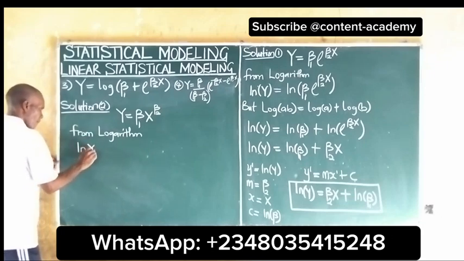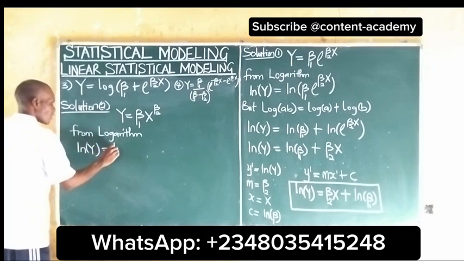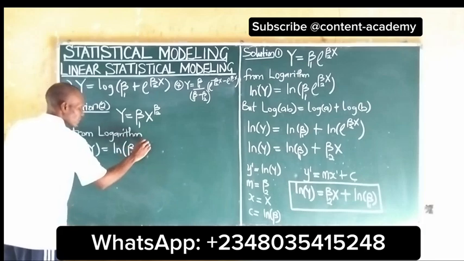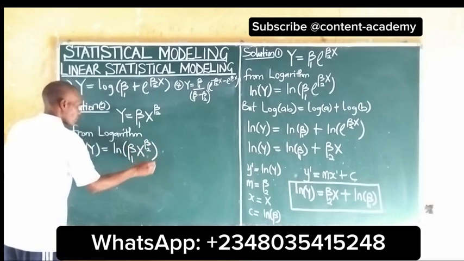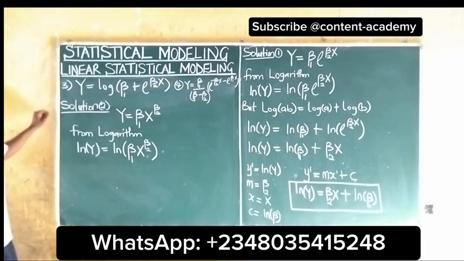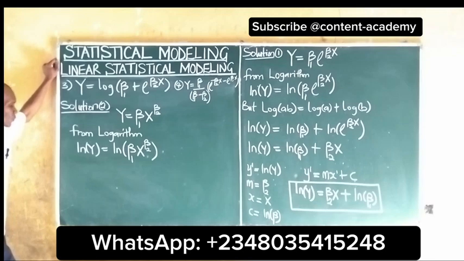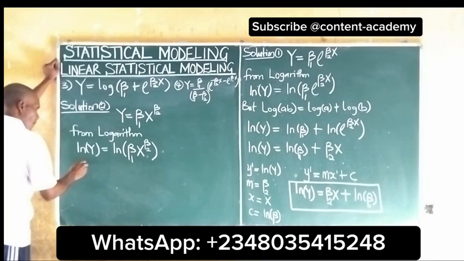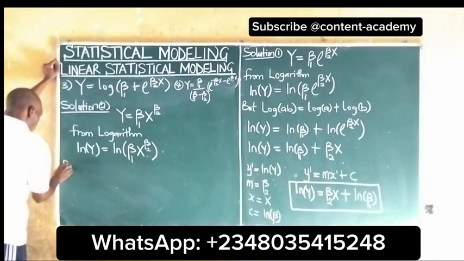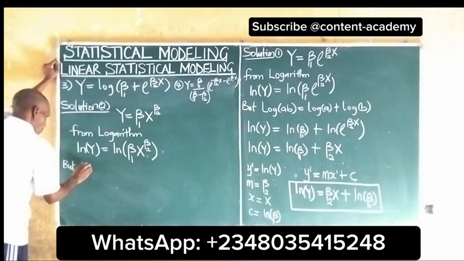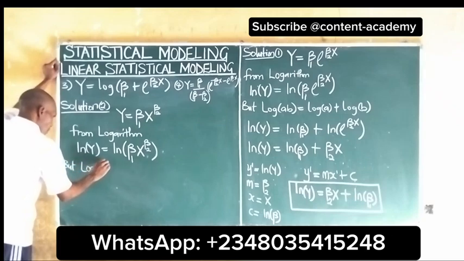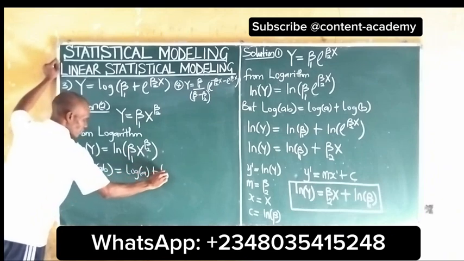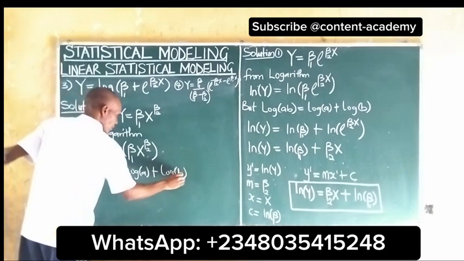ln y is equal to ln of b1 x raised to the power of b2. So what we have here is, from logarithm again, log ab is equal to log a plus log b.